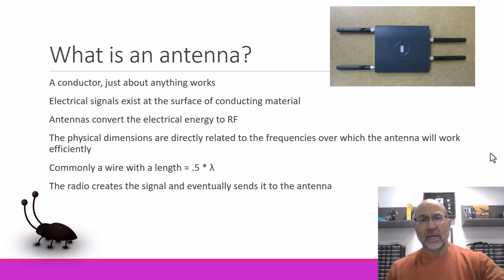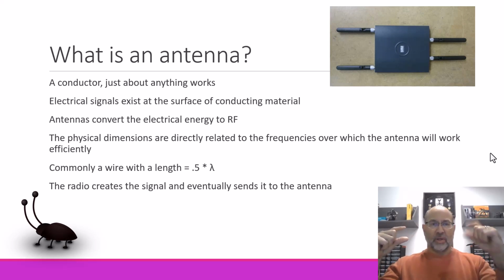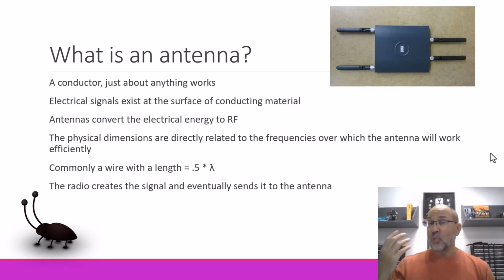But the antennas are of a particular length, usually, and even a physical distance apart. So the image above me here is a Cisco access point, and you can see that on one side the antennas are close together, and on the other side they're farther apart, and they're of different sizes. That's because one side is 2.4 gigahertz and the other side is 5 gigahertz.